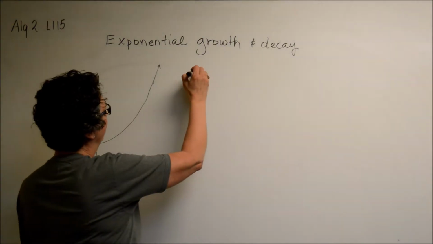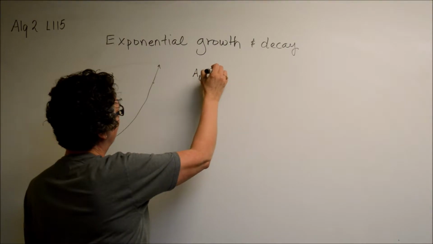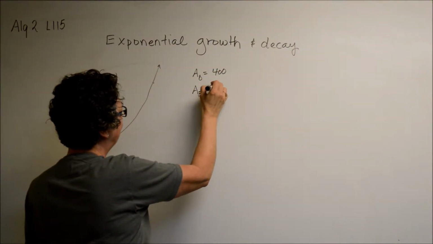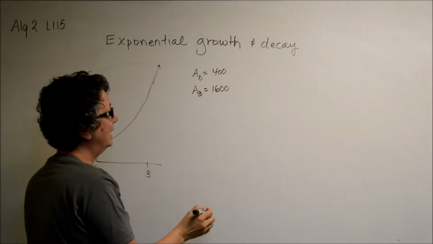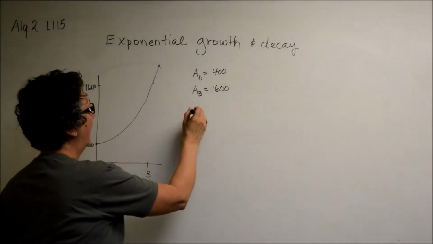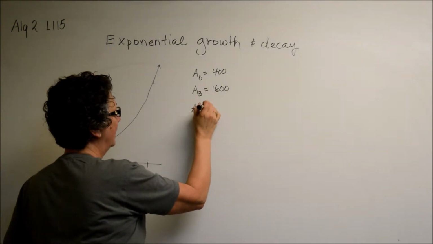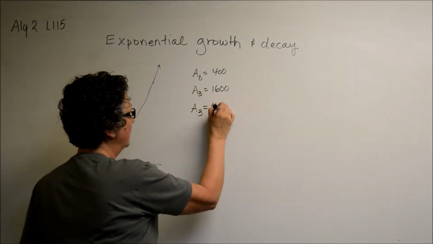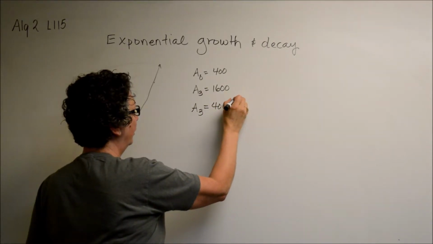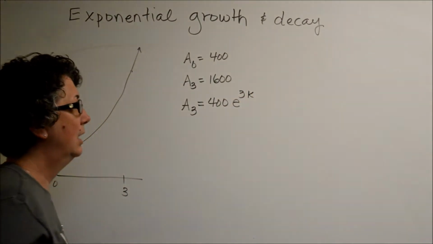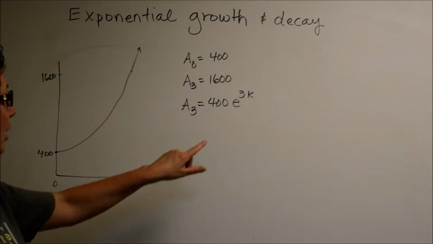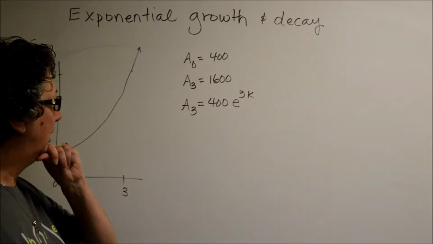So remember, a sub 0 is 400 and a sub 3 is 1600, but you'll remember from our pattern that a sub 3 is going to be a sub 0, which is 400, times e to the 3k power. 3 being the time, 3 years, and our rate is what we don't know.